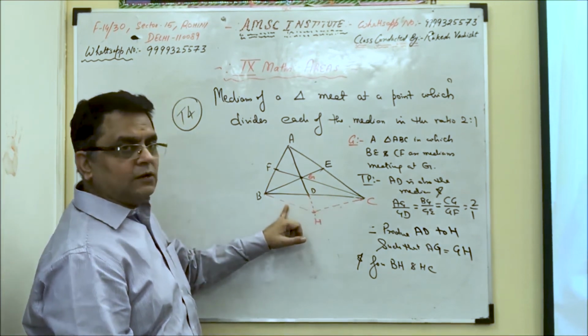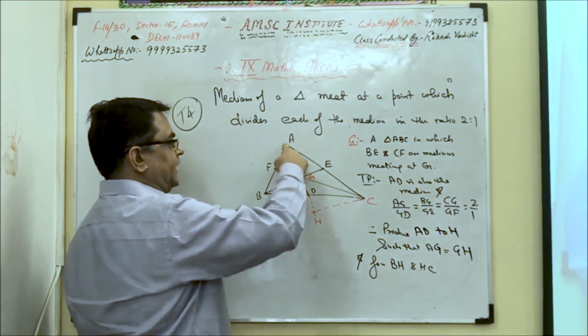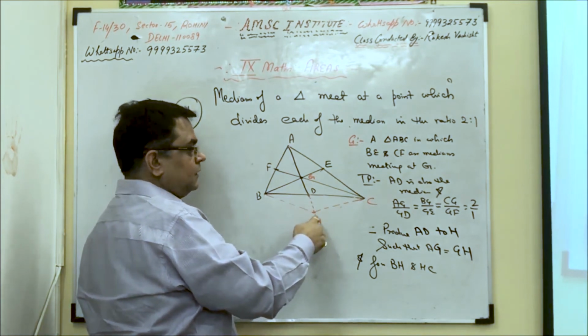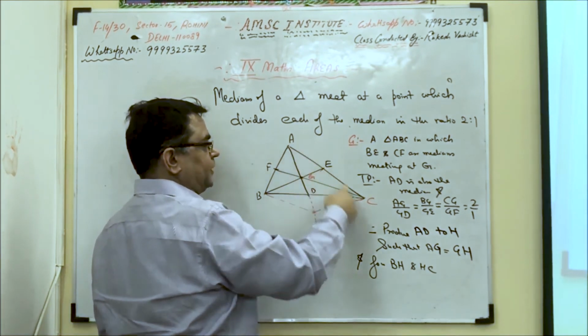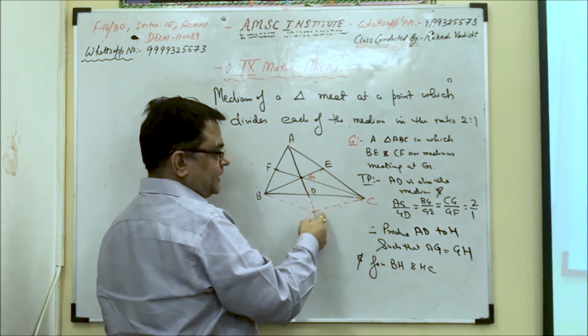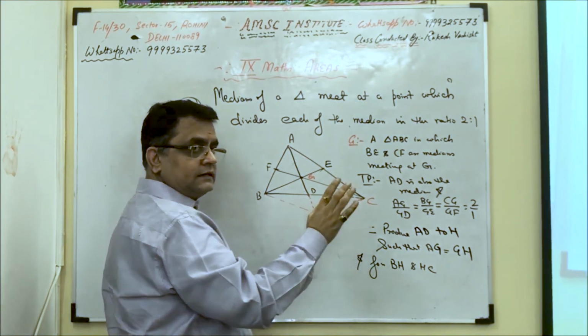तो ये साइड और ये साइड पैरेलल हो गई। इसी तरीके से इन ट्राइंगल ACH, G is the midpoint of this, E is the midpoint of this, GE is parallel with HC, right?